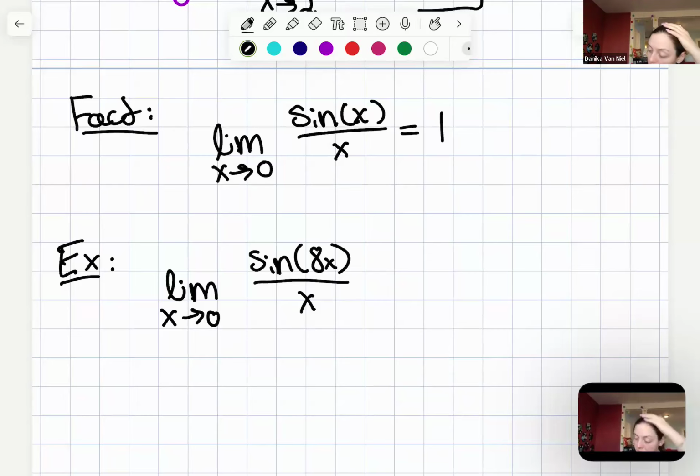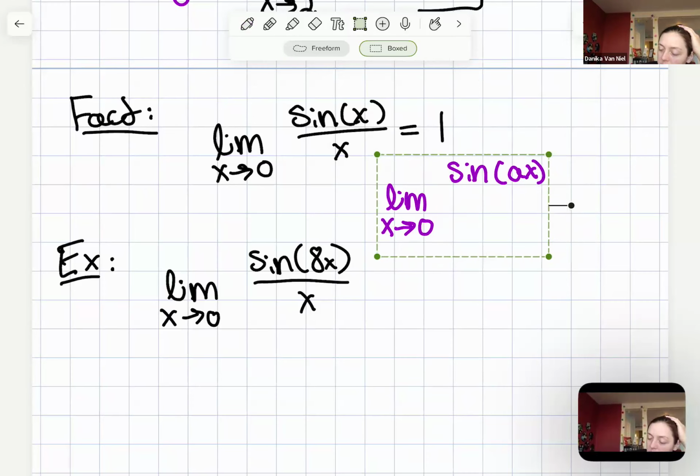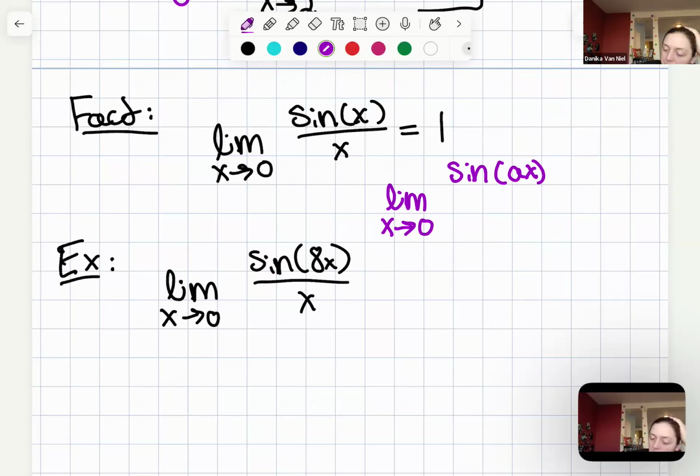So really, the fact that maybe we should be memorizing instead is that the limit as x approaches 0 of sine of ax divided by ax equals 1, where a is some number. Maybe I need to give myself more space.